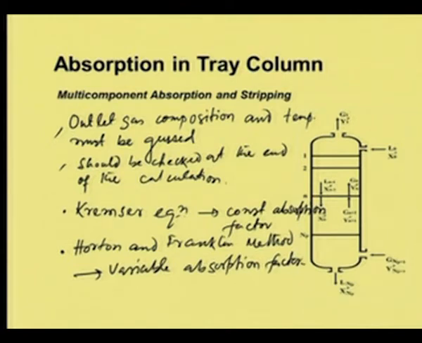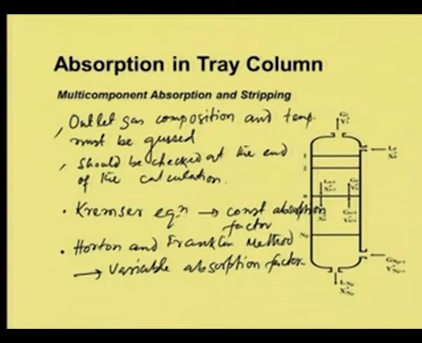Now, for a multi-component absorber, there are many components which can transfer between gas and liquid. So, it is very difficult to get the inside gas and liquid flow rates based on the compositions inside the tower and in each tray. So, it is better to define them based on the inlet and outlet terms.